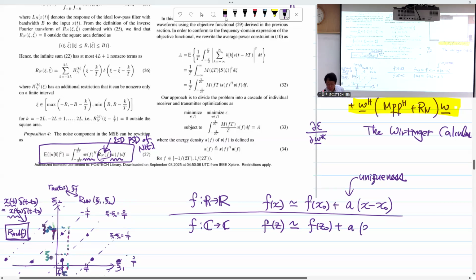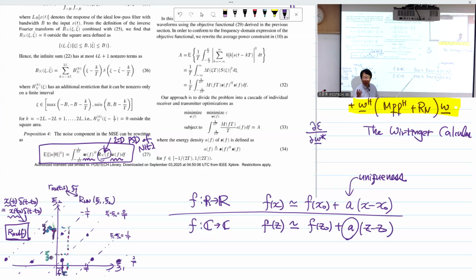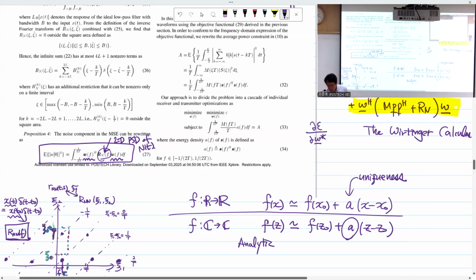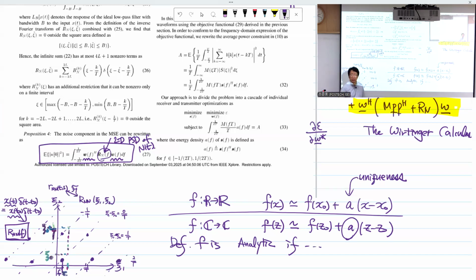Again, you have an affine function of z now. If this a exists, it could be a complex number because f is, in general, a complex valued signal. If a uniquely exists, then f is called an analytic function, or analytic. Got it? So it's all related to differentiation and the existence of a unique affine approximation. Got it?